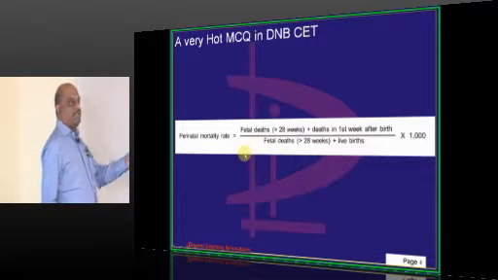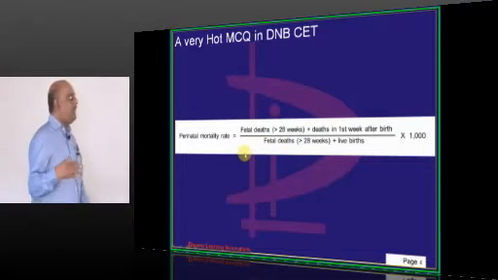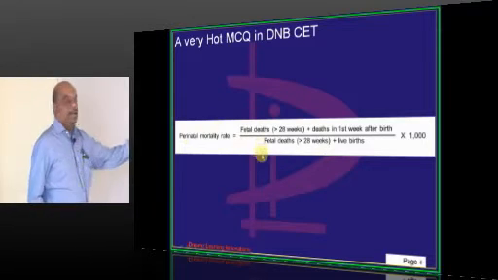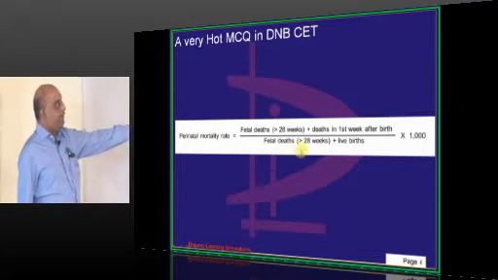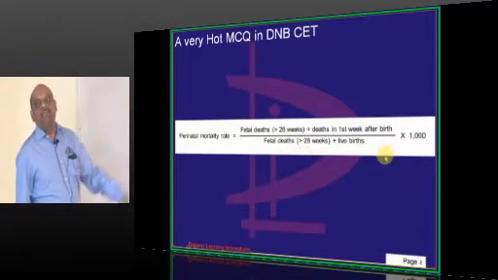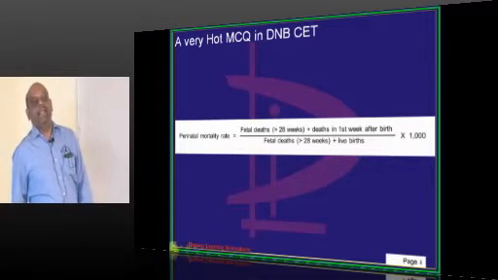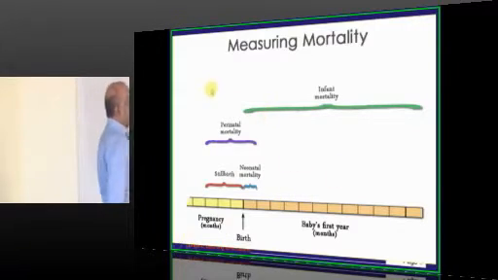So fetal deaths where the fetal age is more than 28 weeks and the deaths in the first week after the birth, divided by the fetal deaths more than 28 weeks plus all the live births, into 1000, will give you the perinatal mortality is what you have to basically remember.